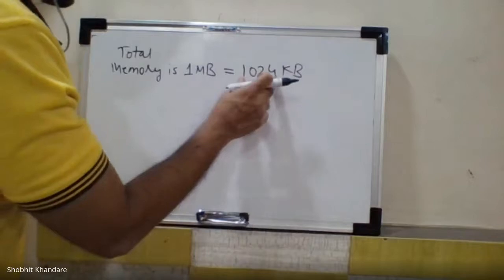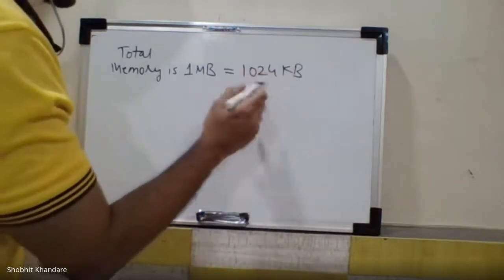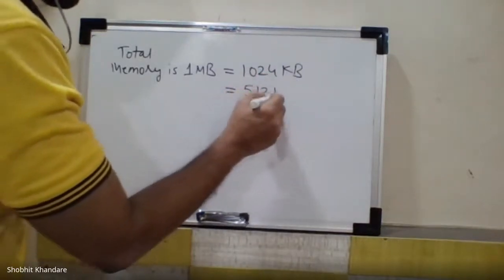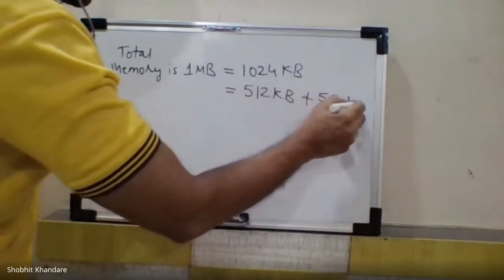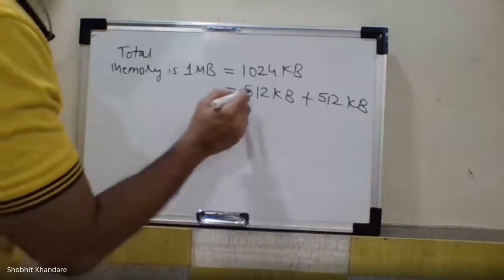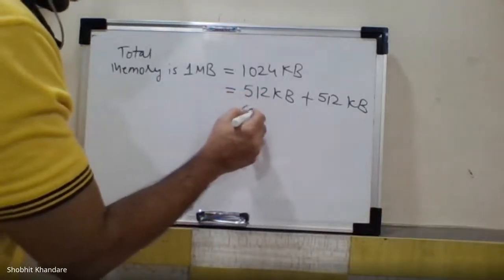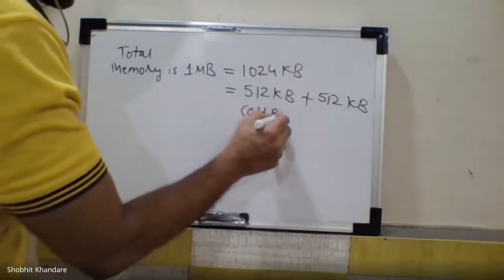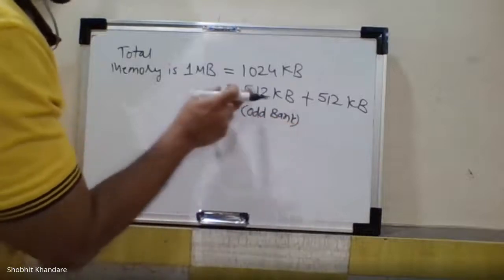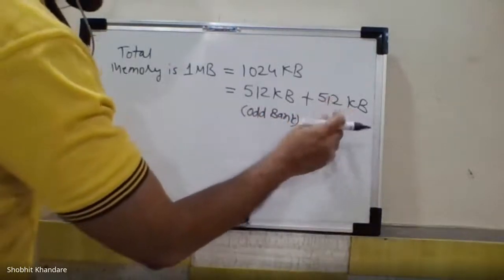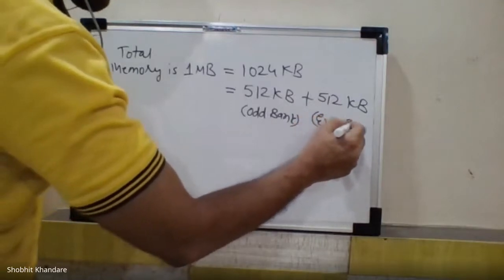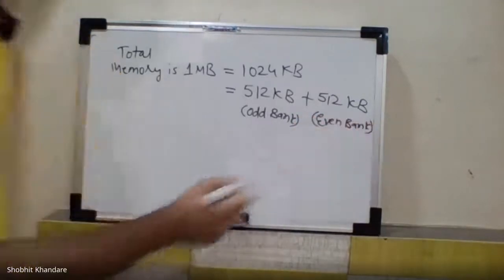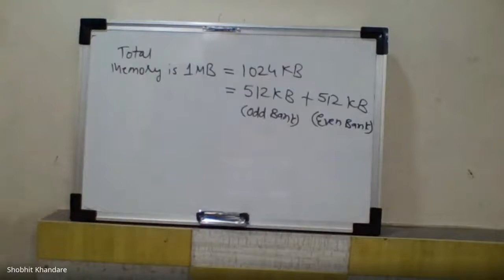So if I want to divide this 1024 into two equal banks, then it will be 512 KB plus 512 KB. So 512 KB, this is called as odd bank. The other 512 KB bank is called as even bank.